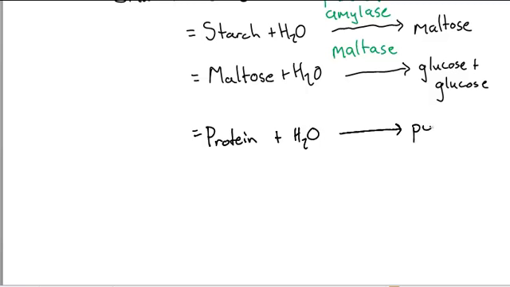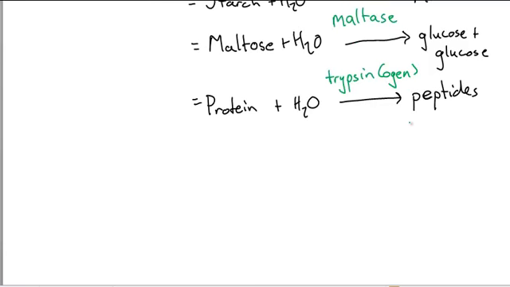We're still only getting to the peptide, shorter chunks of proteins. And this is done by an enzyme called trypsin. And again, I'm going to add the ogen in brackets because trypsinogen is the inactive form and it becomes active once it enters the small intestine.